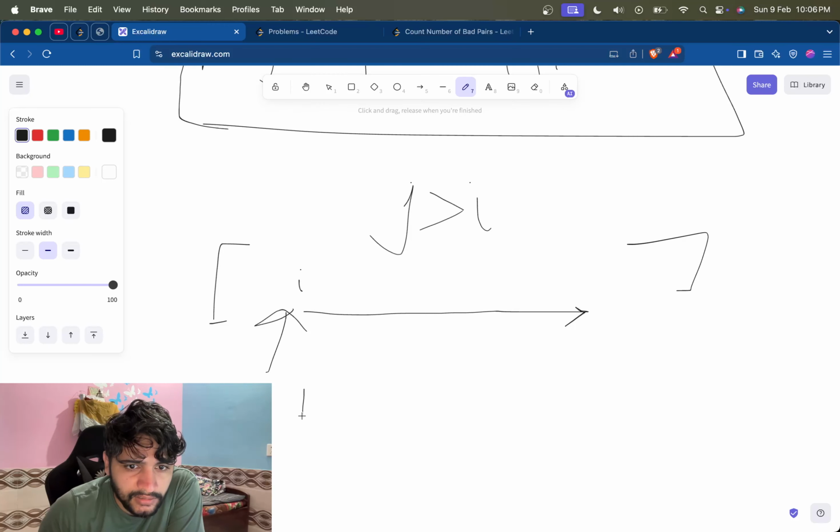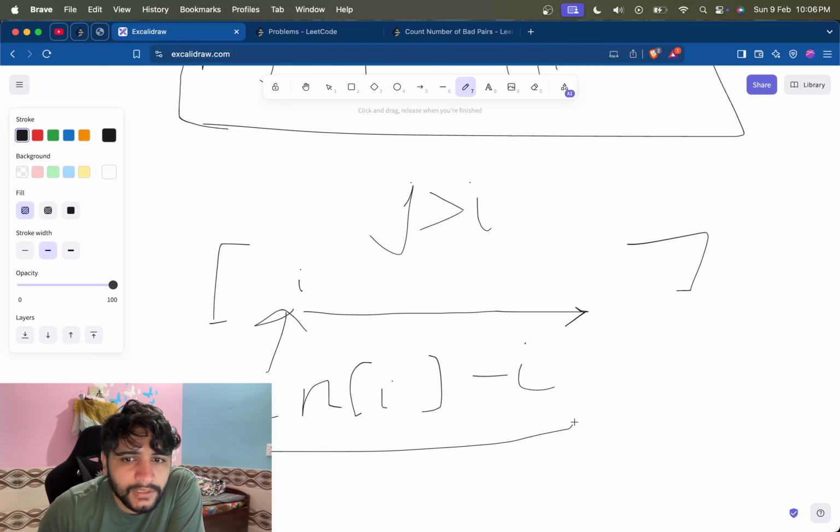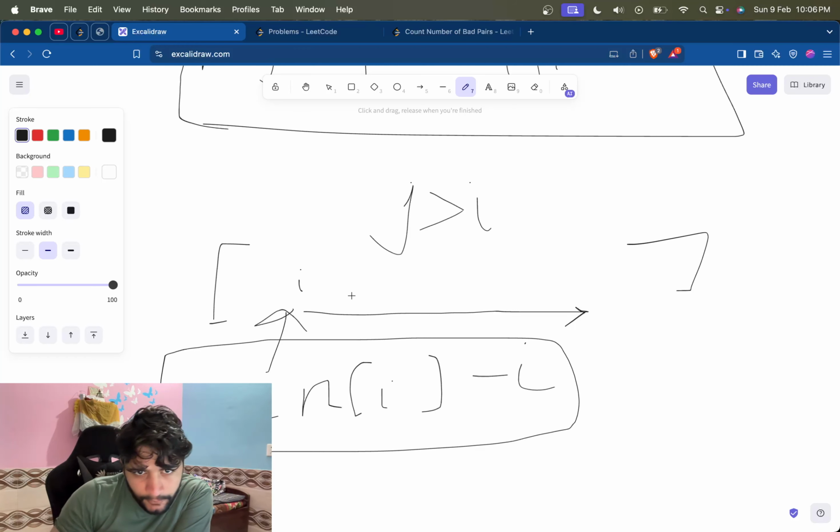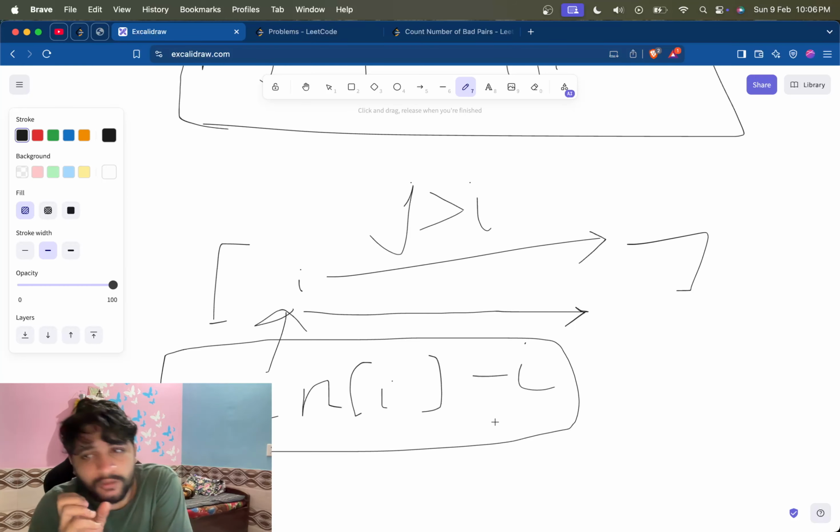Let's say this term, nums[i] minus i, is defined as value x. If this x value is repeated in future for any index to the right of i, if we again get the same value of x for the difference of number and the index, it means it forms a good pair.